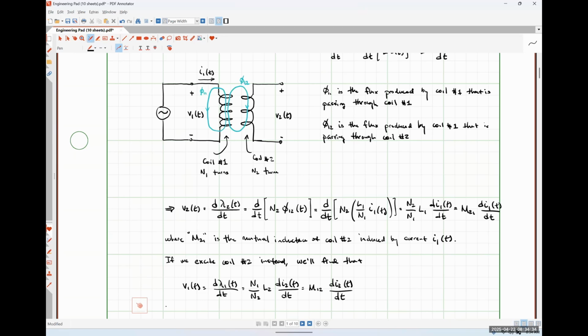So if there's a current flowing through coil one, it will store some energy, and it is going to transfer some portion of its energy over to coil number two. If we have a conservative system, meaning that the total amount of energy absorbed by coil one is the cap on the amount of energy that can be supplied over to coil two, then it turns out that these mutual inductances M12 and M21 have to be equal to each other in order for energy to be conserved in the system.